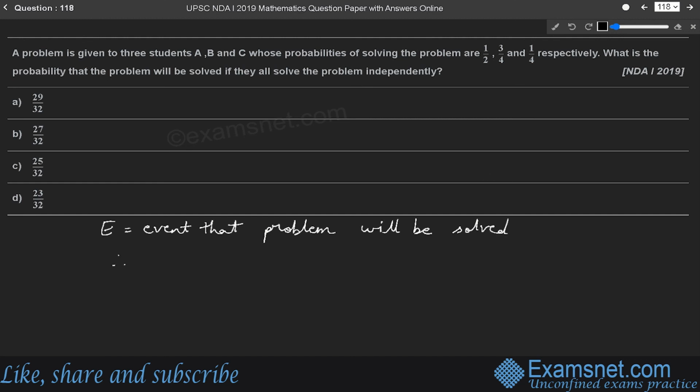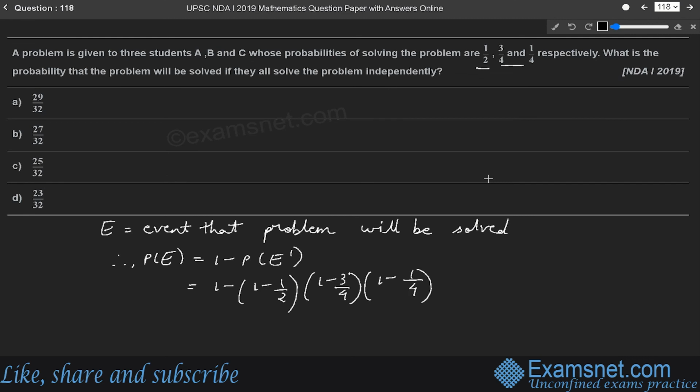Now the required probability, that is P of E, will be equal to 1 minus P of E to the power 1. So putting the values, it will be 1 minus 1 by 2, which is the probability for A. Similarly 1 minus 3 by 4, which is the probability for B, and 1 minus 1 by 4, which is the probability for C. On further solving, it will be 1 minus 1 by 2 into 1 by 4 into 3 by 4, which equals 1 minus 3 by 32.